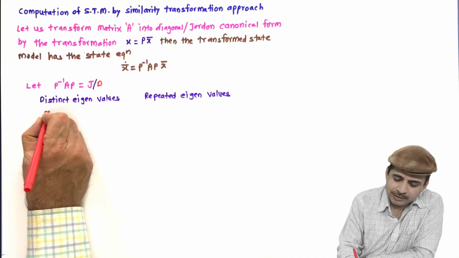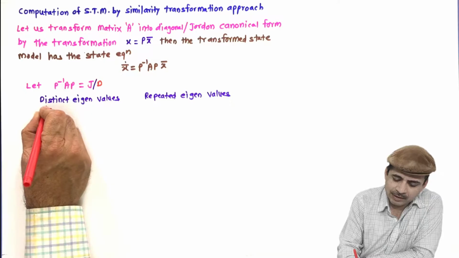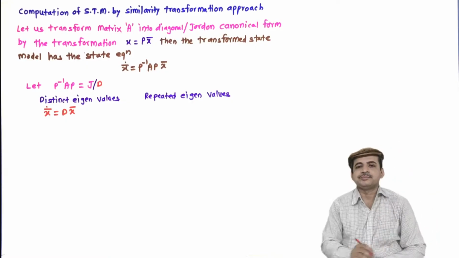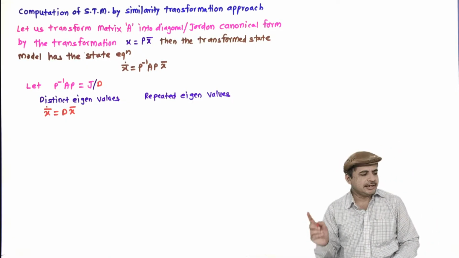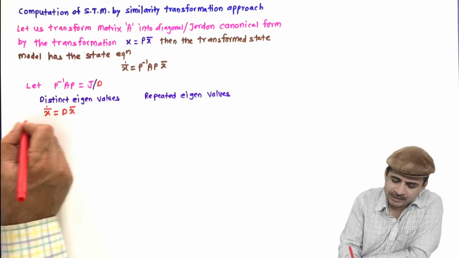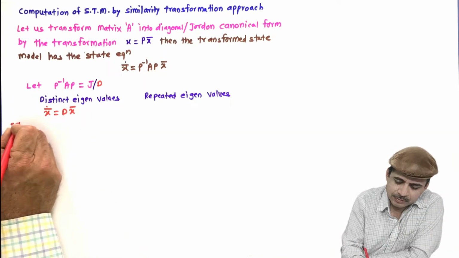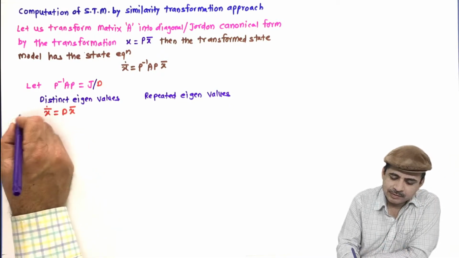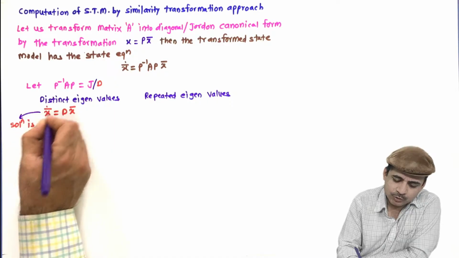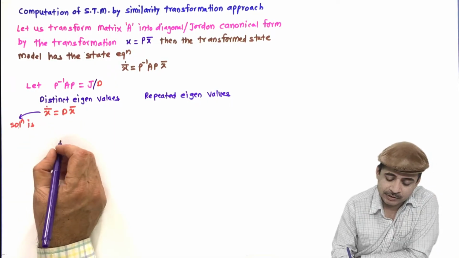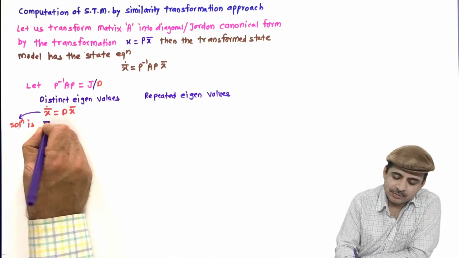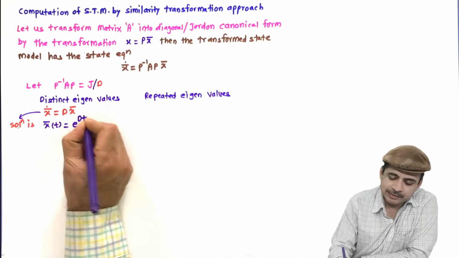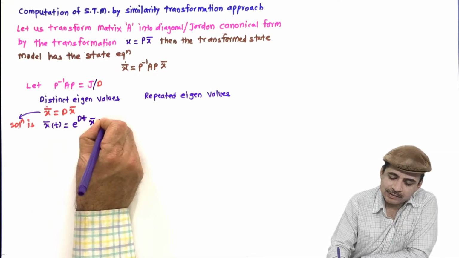Here I have x bar dot is equal to D x bar. The solution of this state equation is x bar t is equal to e raised to Dt into x bar 0.